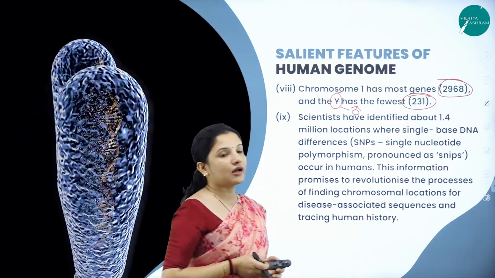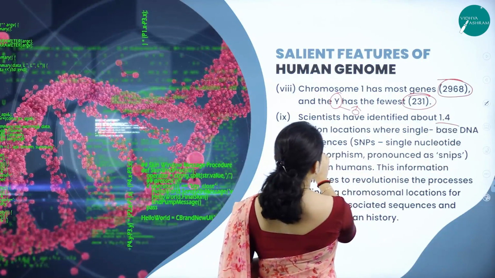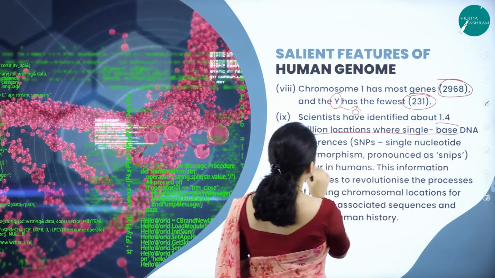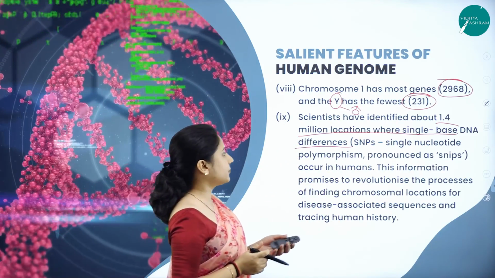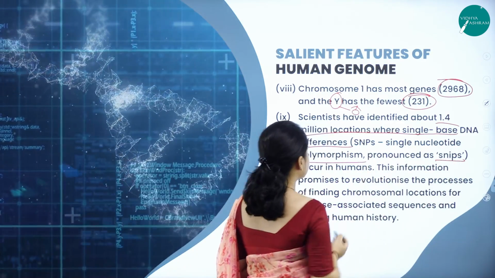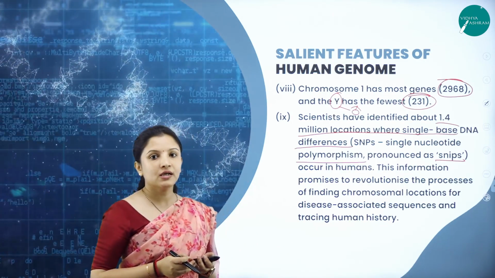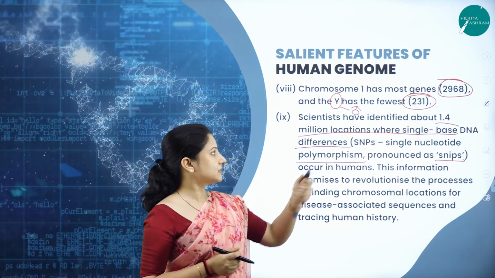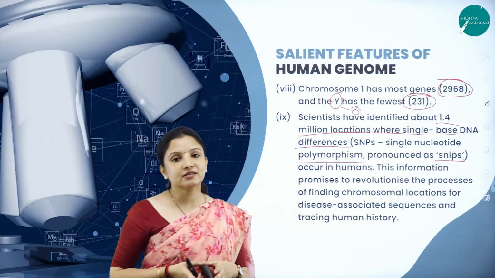Scientists have also identified about 1.4 million locations where single base DNA differences, called single nucleotide polymorphisms, or SNPs, occur in humans. Because of these single base DNA differences, it is possible for us to trace human history.